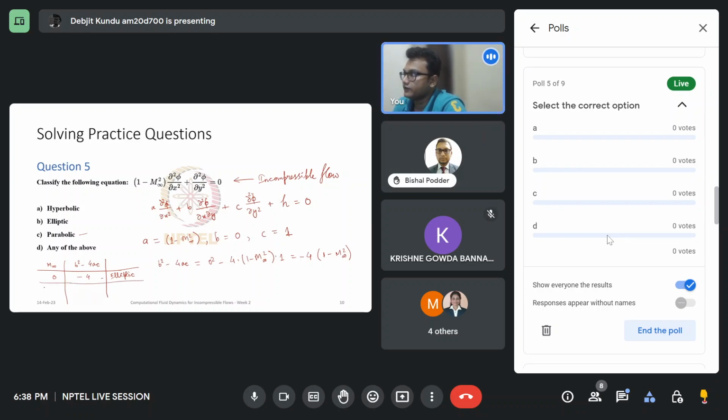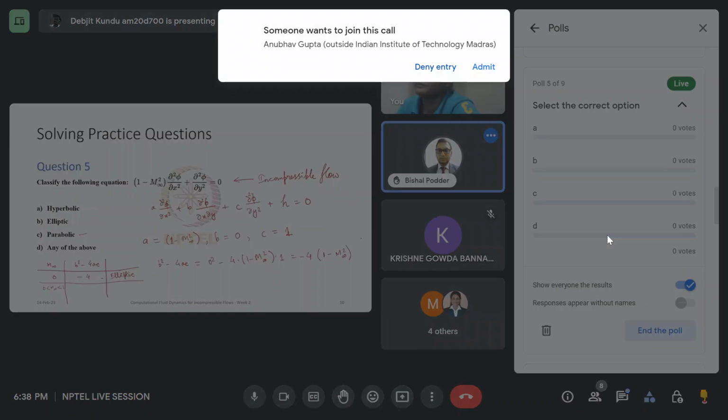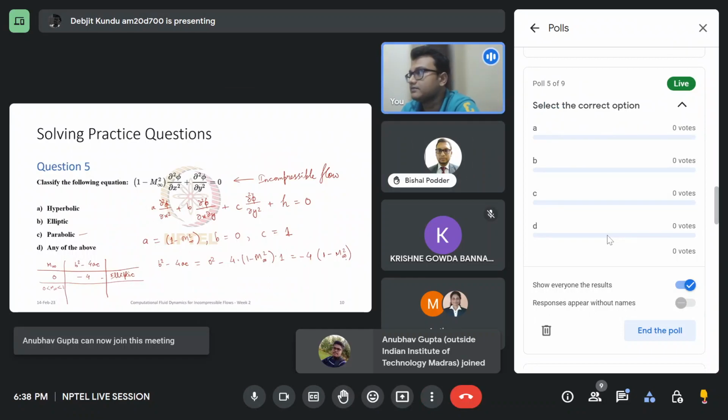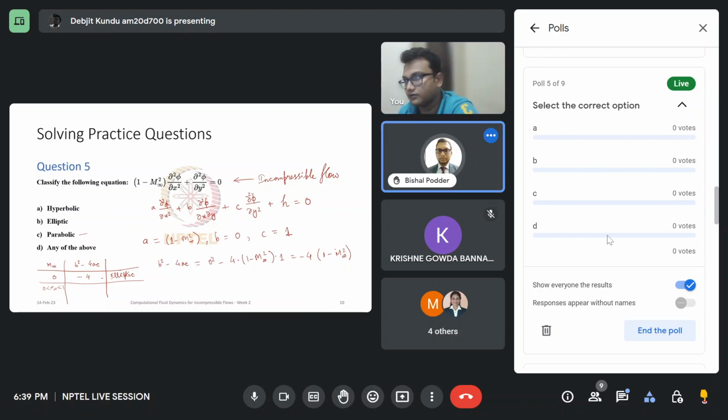Now, if m was between 0 and 1, what would it be then? If m is a positive value but less than 1, then 1 minus m square would still give us a positive value, and this would be a negative value, less than 0, so in this case also it would be elliptic, right?